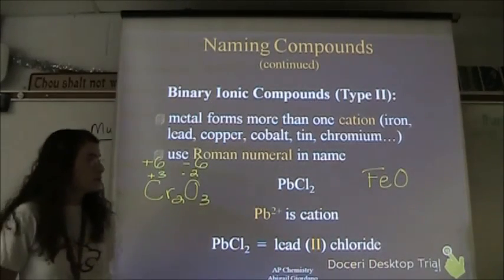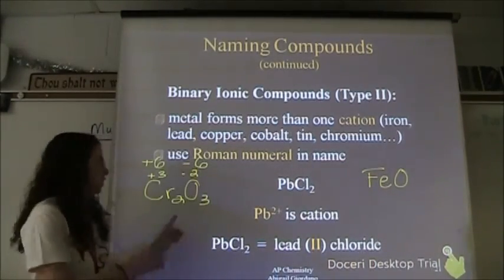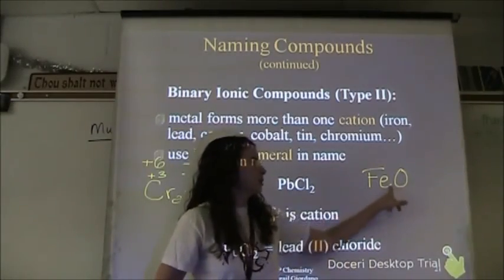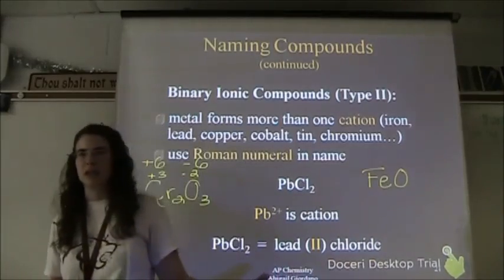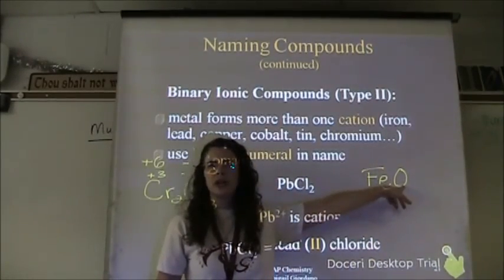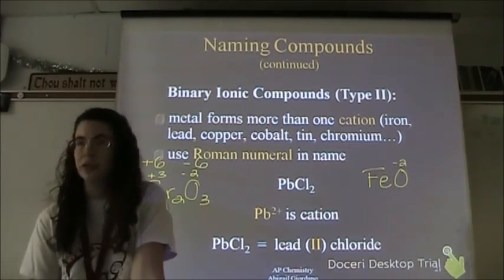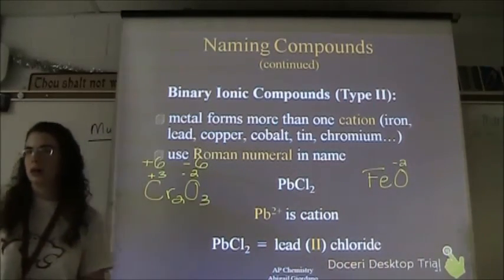Yes? Okay. If you were kind of getting lazy and thinking, oh, I'll just switch the numbers here, well, this has a subscript of 1 and 1. This is not iron 1 oxide. What's the charge of oxygen again? -2. So this must be +2. Iron 2 oxide.